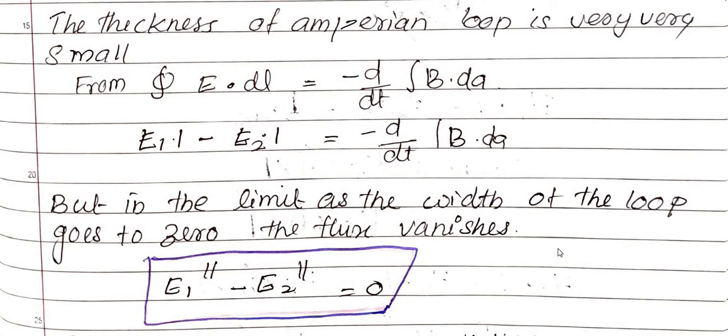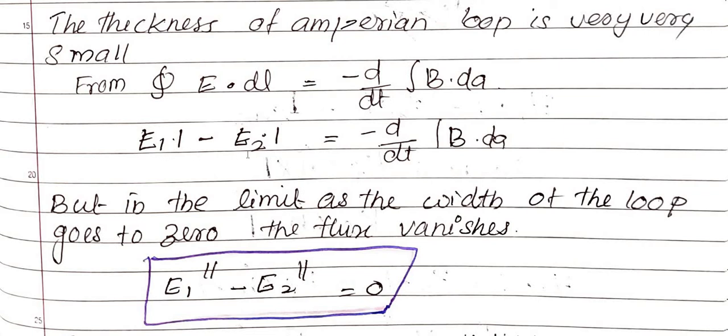But in the limit, as the width of the loop goes to 0, the flux vanishes. We know that the thickness of the Amperian loop is very small, so the contribution from the surface integral becomes negligible, or we can take it as 0. So the flux vanishes. So we can write this equation as E1 parallel minus E2 parallel is equal to 0, because this line is parallel to the surface.